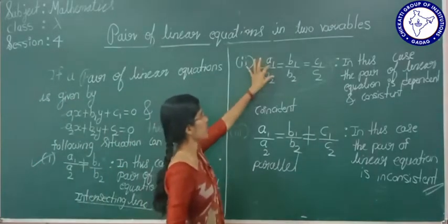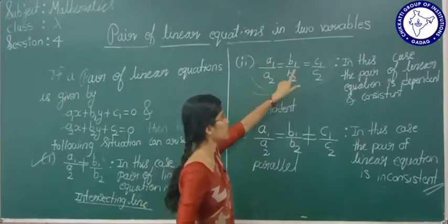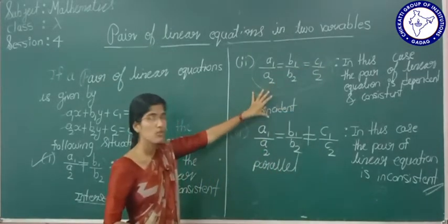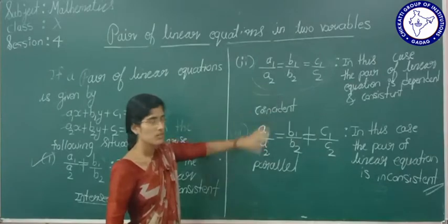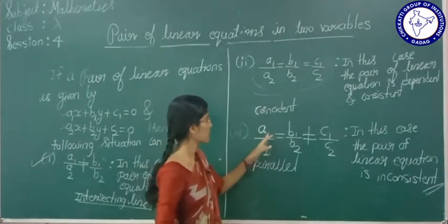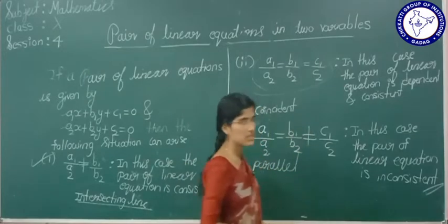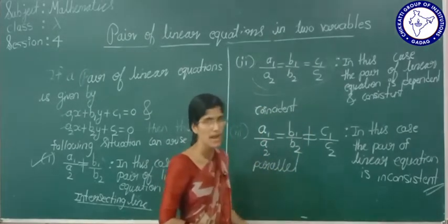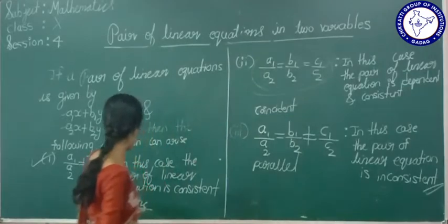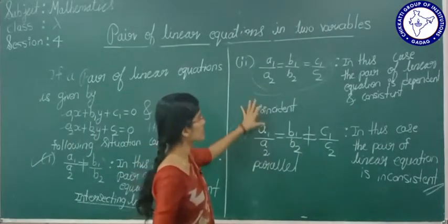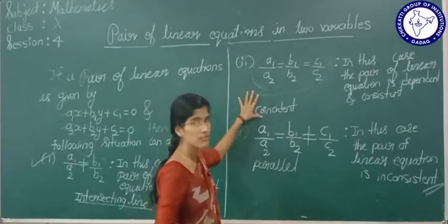If a1 by a2 is equal to b1 by b2 is equal to c1 by c2, here the lines are coincident. If a1 by a2 is equal to b1 by b2 is not equal to c1 by c2, the lines will be parallel. Intersecting lines have a unique solution. Coincident lines have infinitely many solutions.